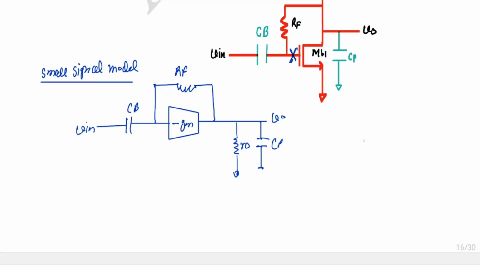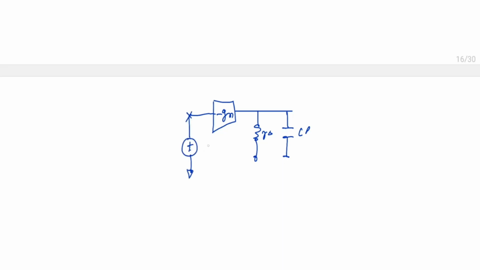So it will look like this: this is our minus GM, and this is R naught, this is Cp. Okay, and here I broke the loop, and I will apply a test voltage, and I will measure the output voltage at the other terminal. So this is the other terminal, and this is our blocking capacitance Cb, and this is our input.